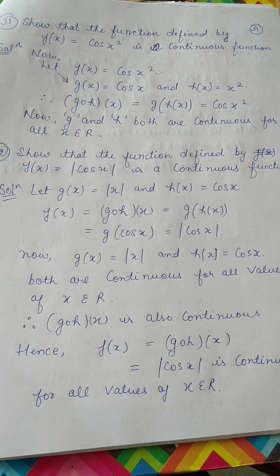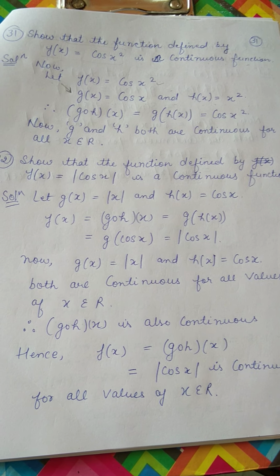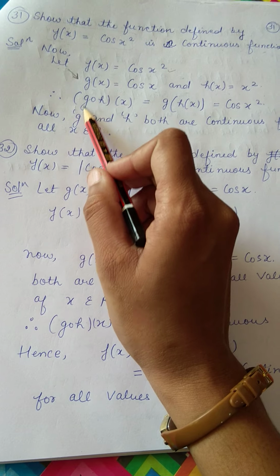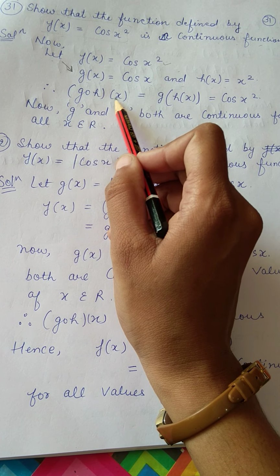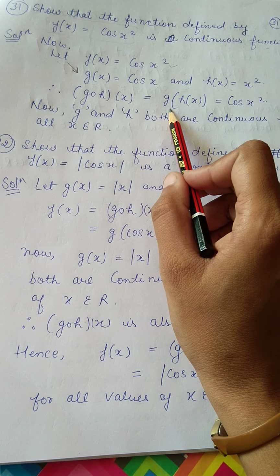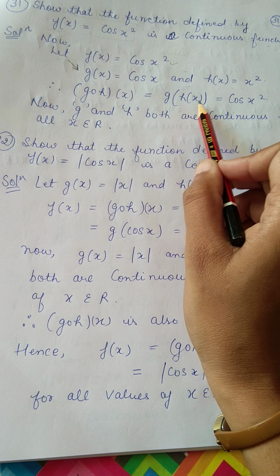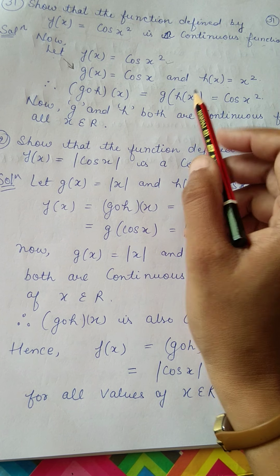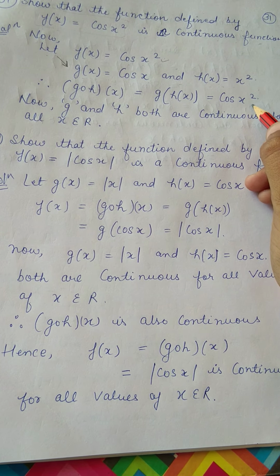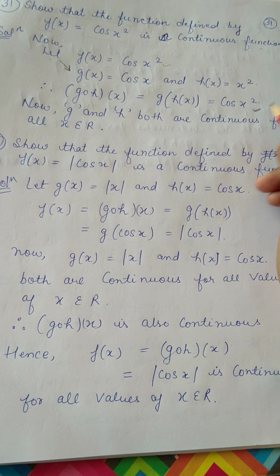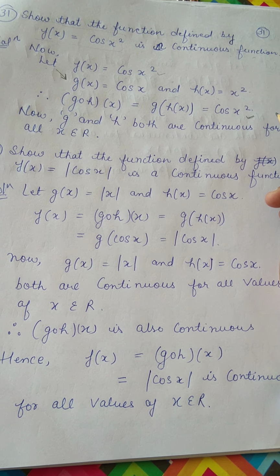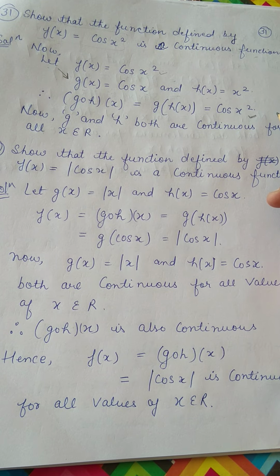Clear, my students? Now your g of h of x will be g(h(x)) = cos x². That will give you cos x².